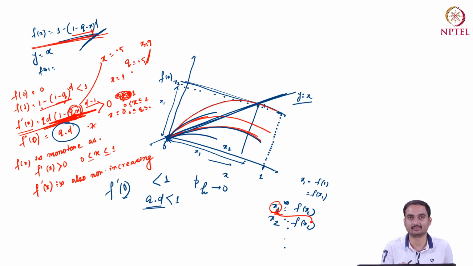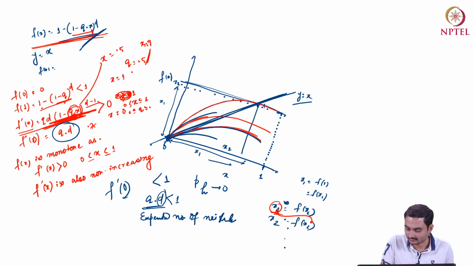And what is this q times d? Think about it. It's very simple notation. D is the number of neighbors and q is basically the infection rate, right? So this is the expected number of neighbors who will be infected.